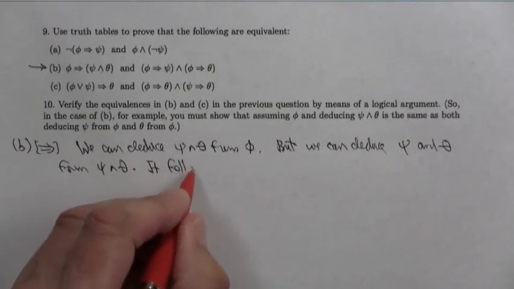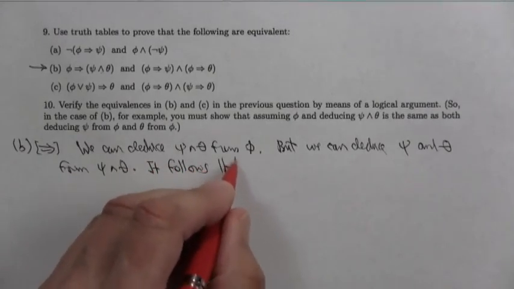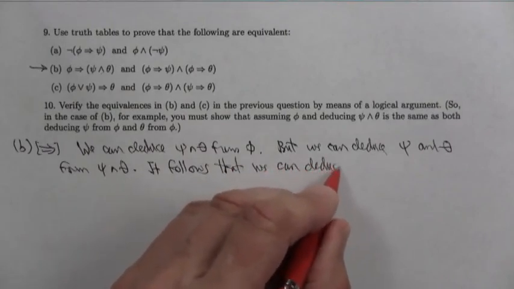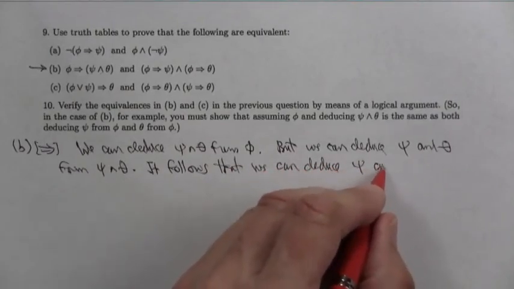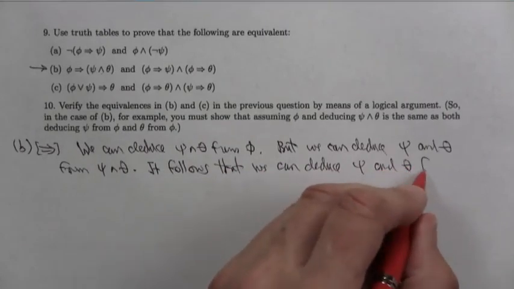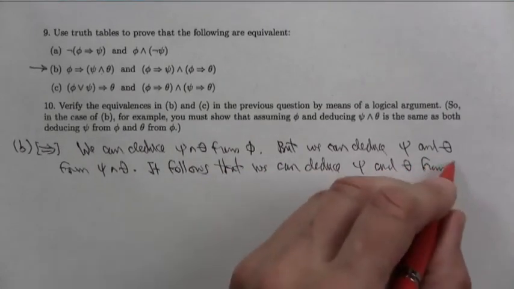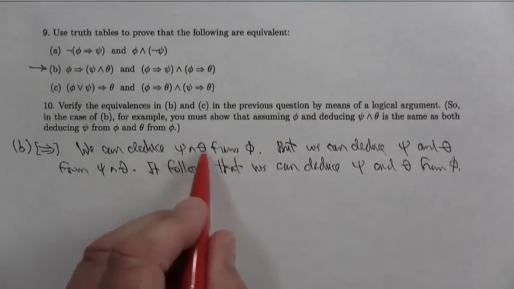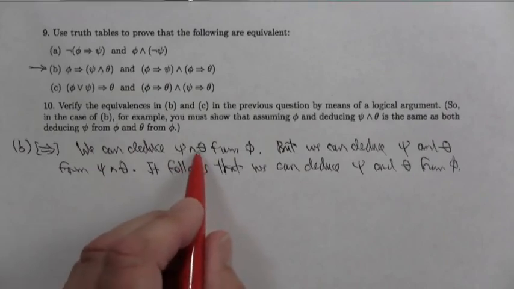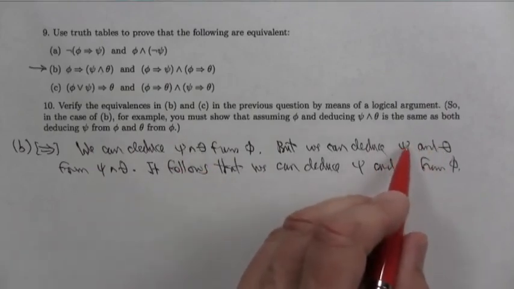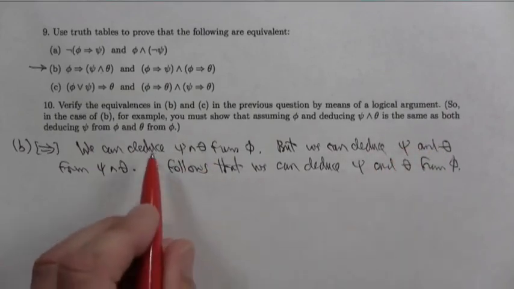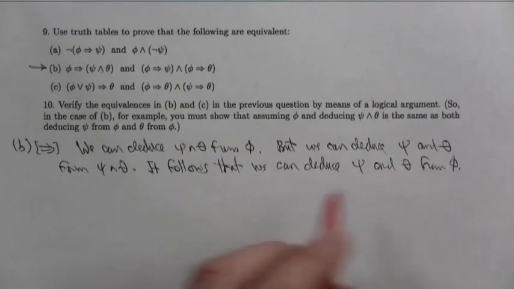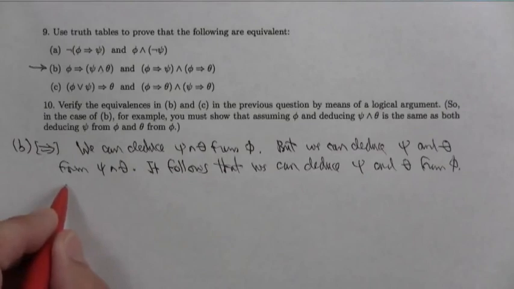It follows that we can deduce psi and theta from phi. We can start with phi and deduce psi and theta, that single formula, and from that single formula we can deduce those two formulas, and therefore by chaining those two things together it follows we can deduce psi and theta from phi. Okay?